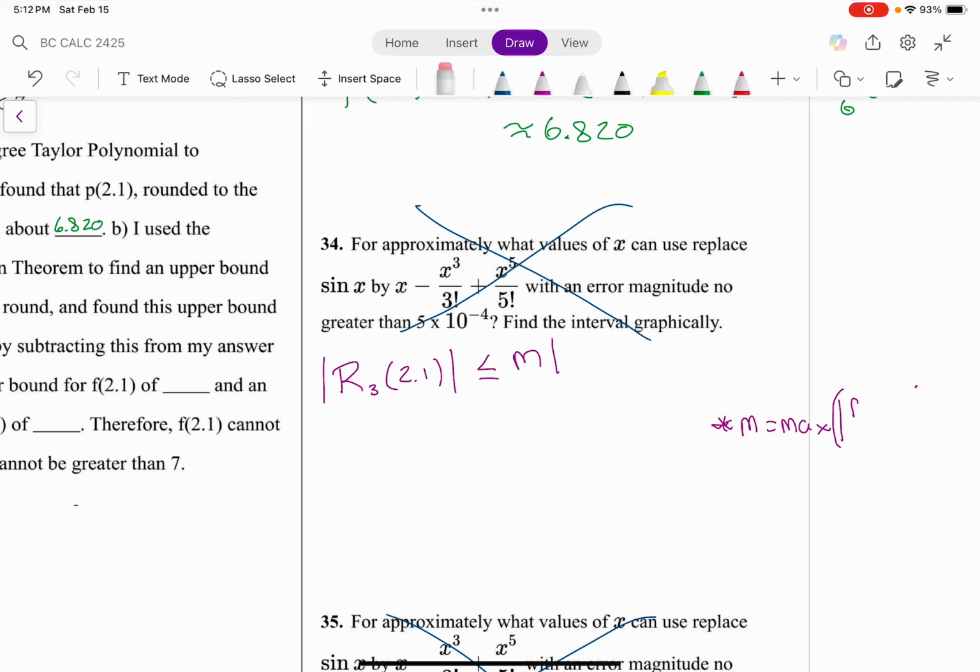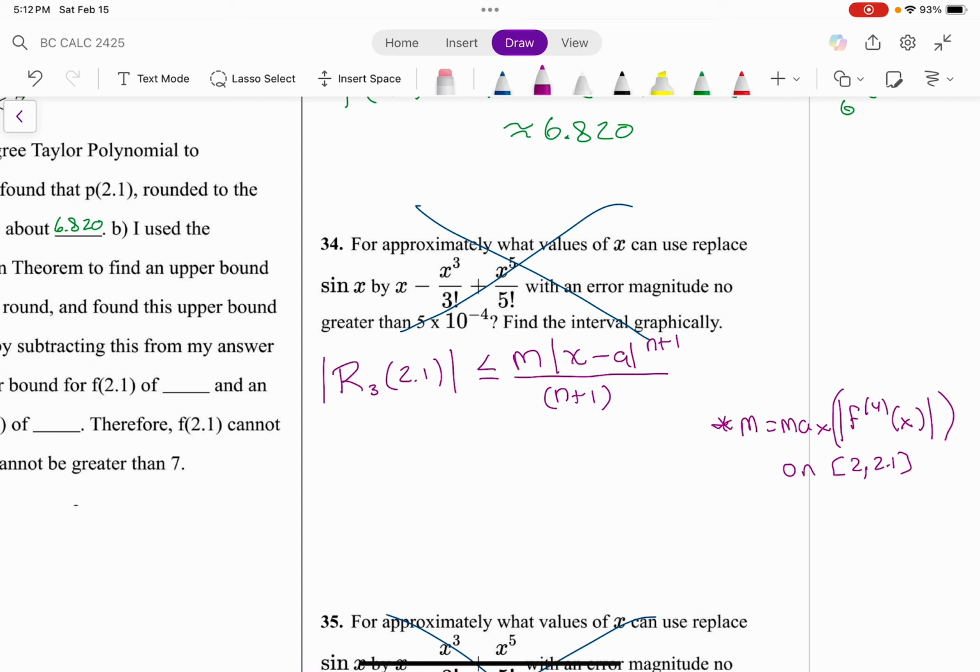One more time. Okay, on the interval, in this case 2 to wherever we're approximating. And so that's just going to be given to us, and then it's x minus, I'll just put it in generically, and then I'll substitute the numbers in.